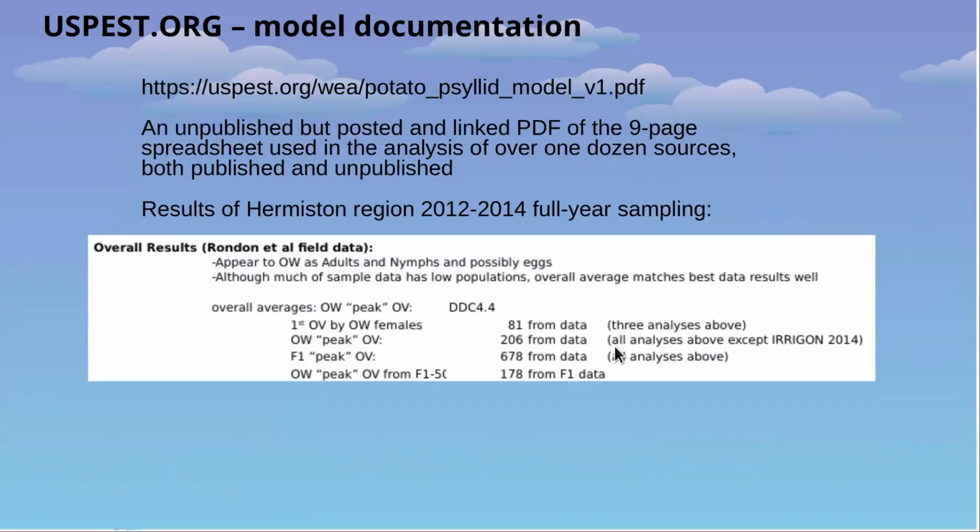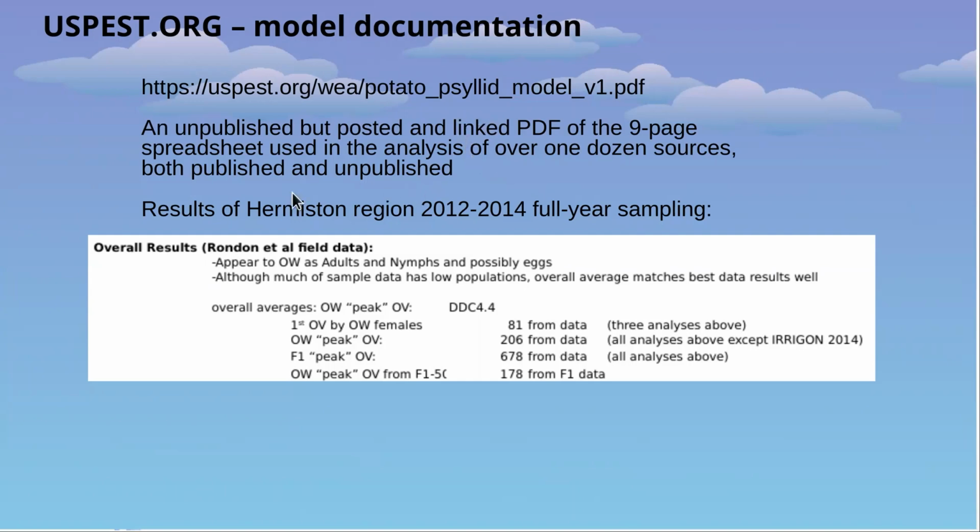And I've documented all of my doings, consolidating 12 different sources in this PDF file that's basically a printout of a spreadsheet. And it's a 9-page spreadsheet. It's tedious. It took me about 3 months to do this analysis. It took a long time.